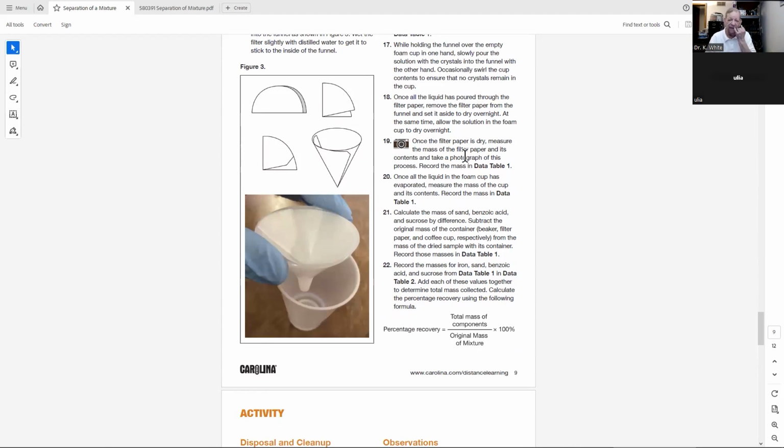Now, in step 20, you're going to let the second cup, which now has the liquid, evaporate. It may take a day or so. You should have weighed that second cup empty, and you'll weigh it after it's all evaporated.